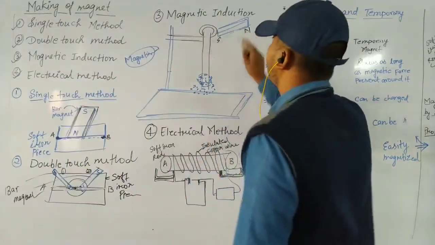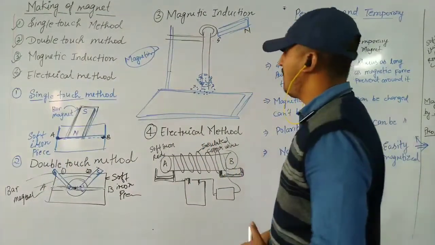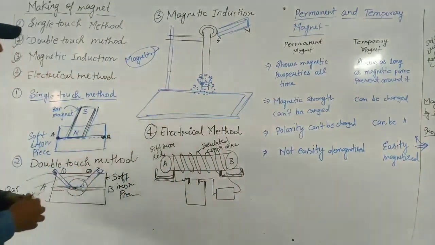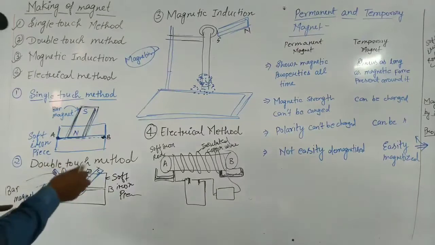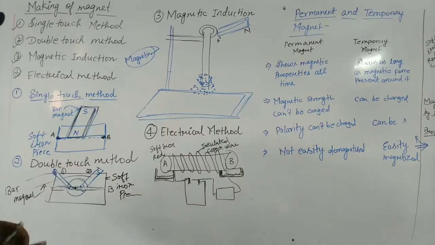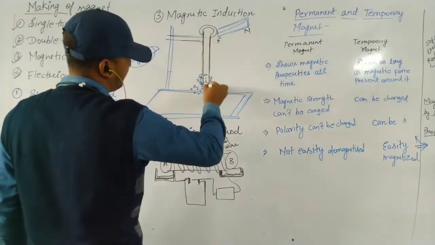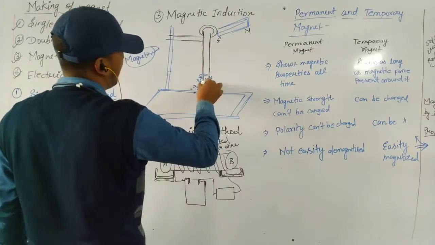Now the third one, magnetic induction. Magnetic induction is also a process in which we can create a magnet. What we have to do is take one iron nail, a simple iron nail.